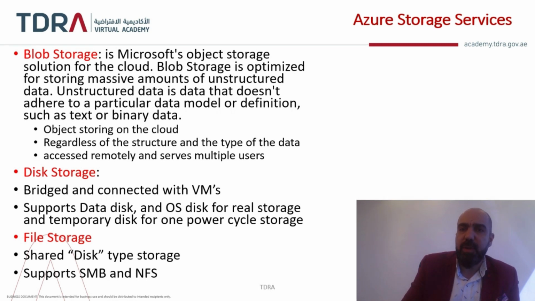So it will be shared in the network. It's very good for storing files and documents for the organization. It supports SMB and NFS, NFS for Linux, and SMB for Microsoft, of course, because it's Microsoft Azure.